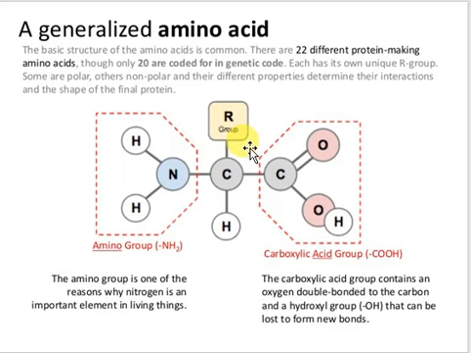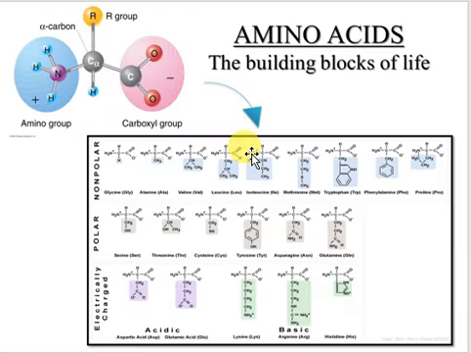The variation between those different amino acids arises from this variation in side groups. Your side groups all have different chemical characters, so they cause the amino acids to behave differently chemically, right? So they're classified as either being nonpolar, polar, or electrically charged based on their side chains.